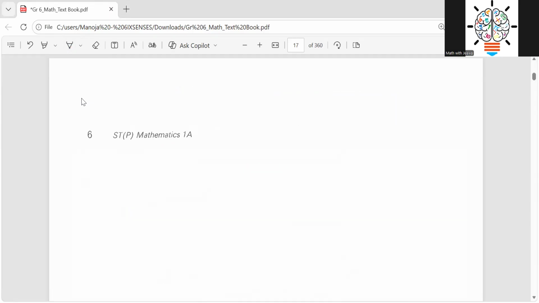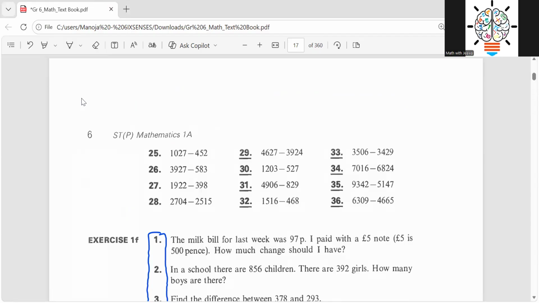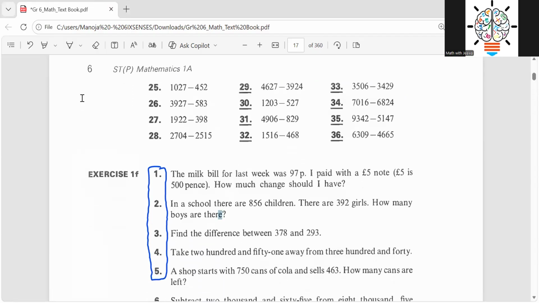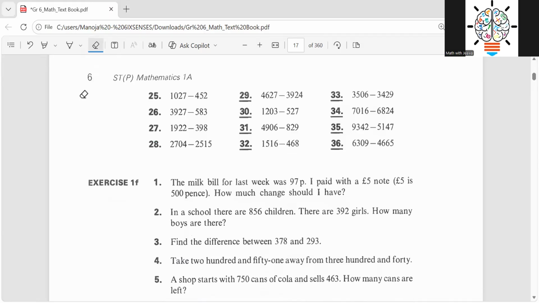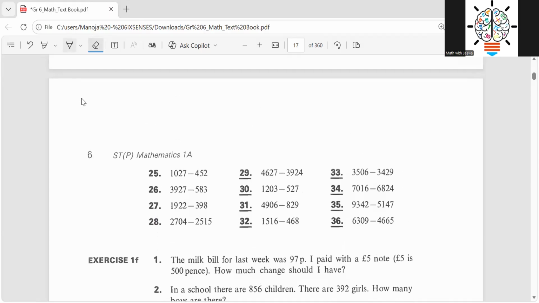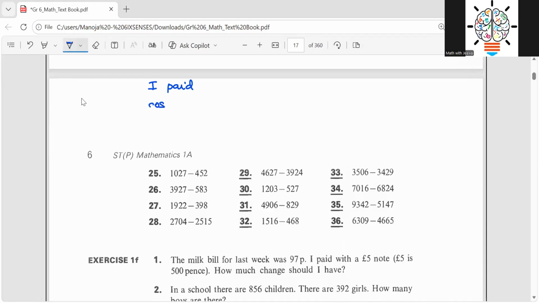So then the next question type you can have here: the milk bill for last week was 97p. I paid with a £5 note. How much change should I have? So then how am I going to write that? The amount I paid, I can just write "I paid", and then the cost of milk, and the balance I got, right?